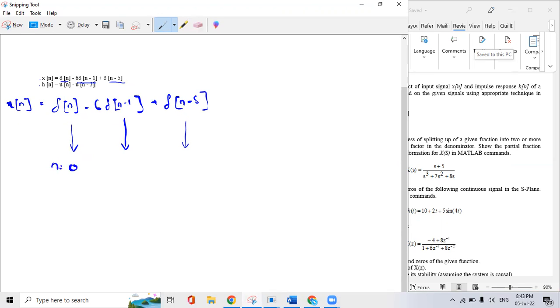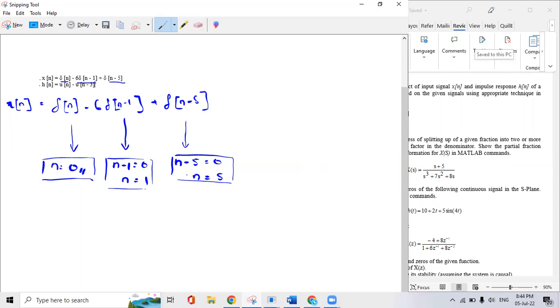So n equal to 0 remains at 0. Then n minus 1 equal to 0 gives n equal to 1. And n minus 5 equal to 0 gives n equal to 5. So we already have the n locations for the input signal.